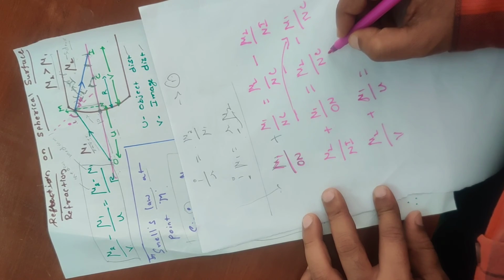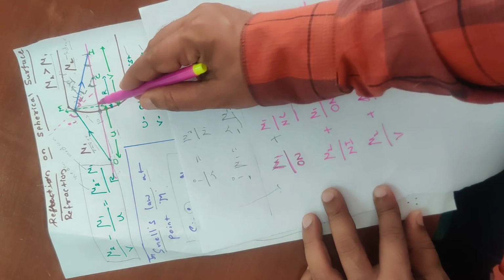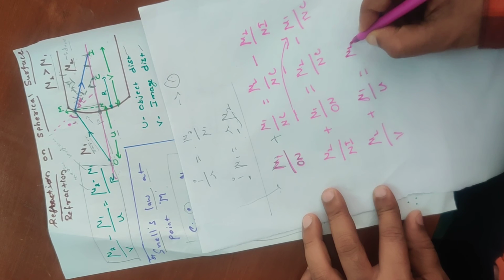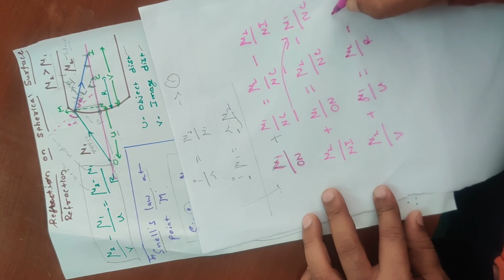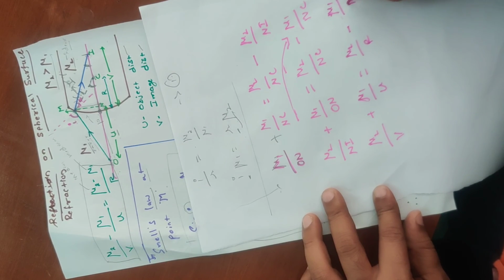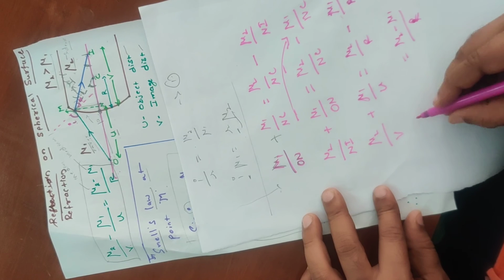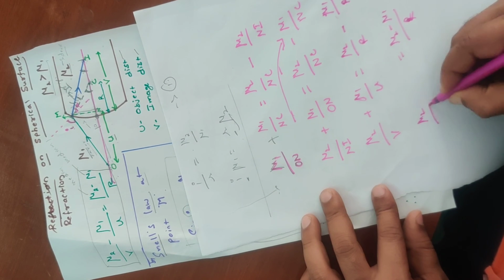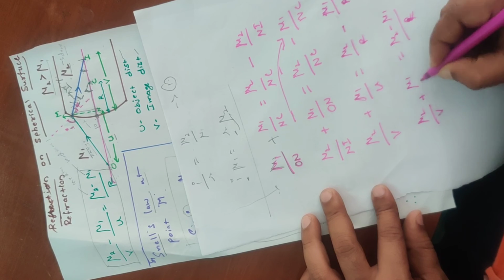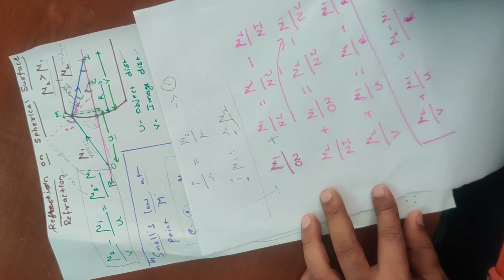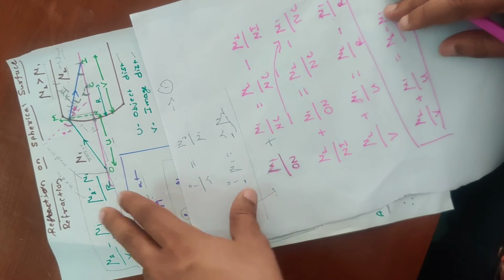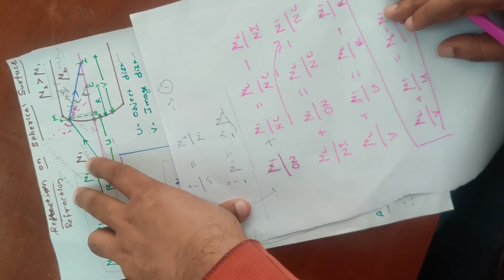What is NC? N to C is R. Therefore mu2 upon R minus mu1 upon R, what is NC? It is R. That is nothing but mu2 minus mu1 upon R equal to mu2 upon v plus mu1 upon u. This is your refraction on spherical surface.